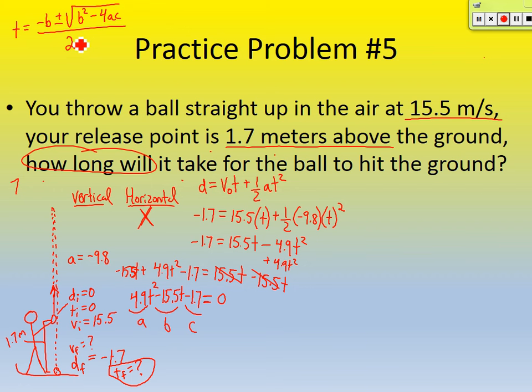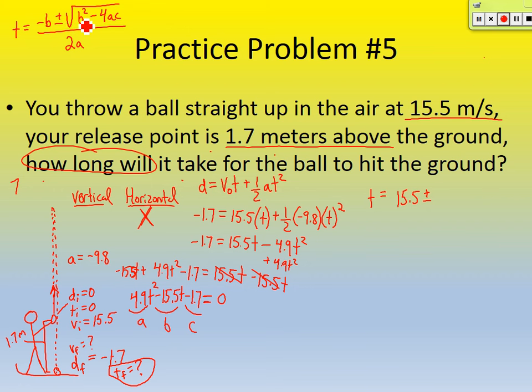Again, here it is. I'm going to probably work the rest of the problem down here. So t is equal to minus b, but our b is already a minus 15.5, so a minus and a minus is just positive, so I'm just going to call it 15.5 plus or minus, and I'm going to put in these terms here.